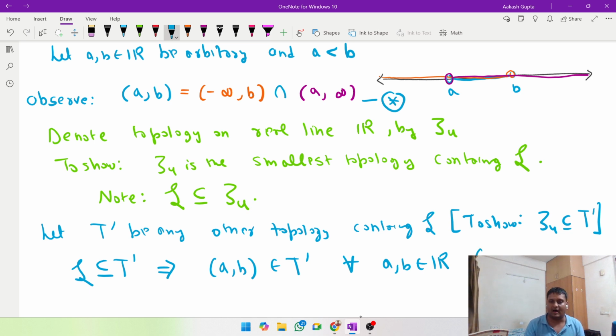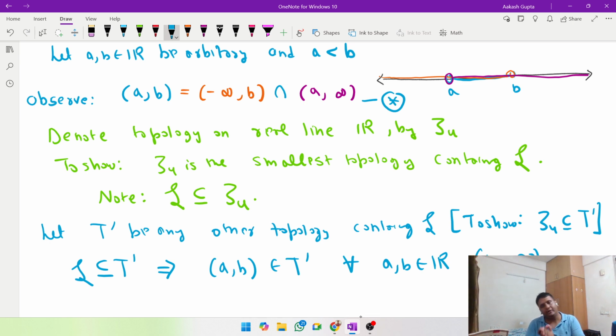This is by star. That's why I started with that, because I know I need to use it somewhere. But suddenly I forgot that. Okay, let's start from what we have to show, then we can observe. So by star, S is sitting inside tau prime.